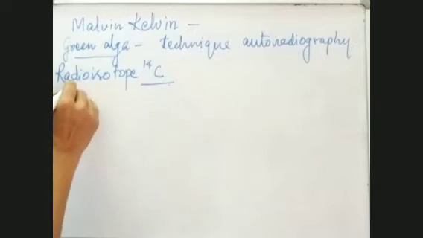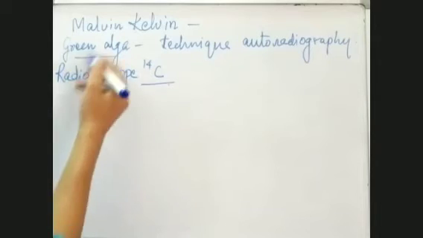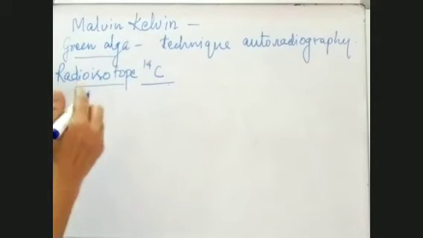He grew the algae first, labeled with radioisotope C14, and then he took some cells from them.